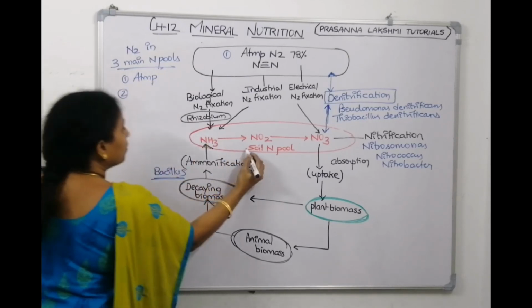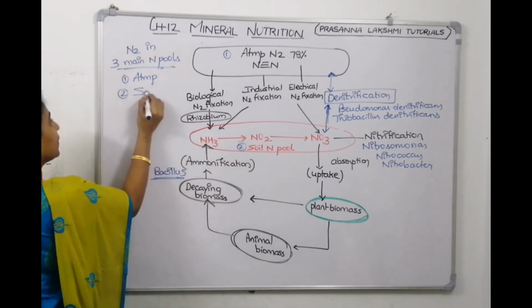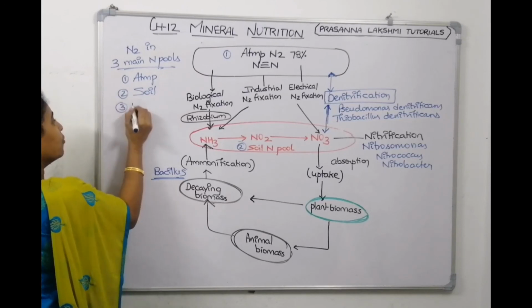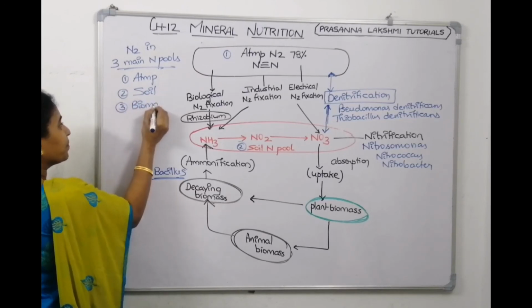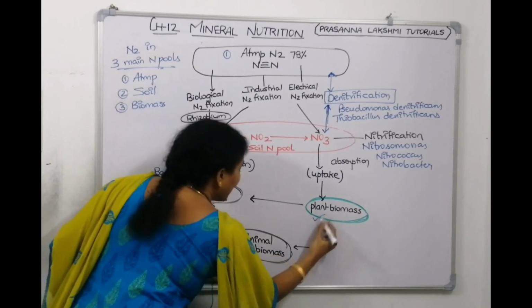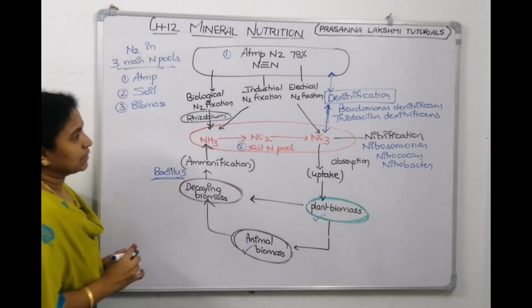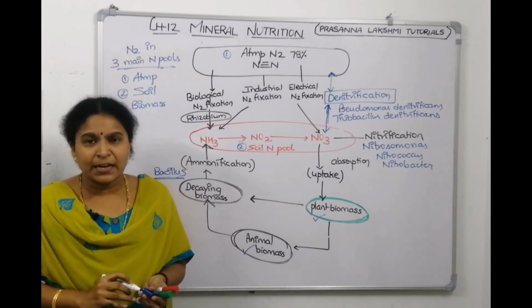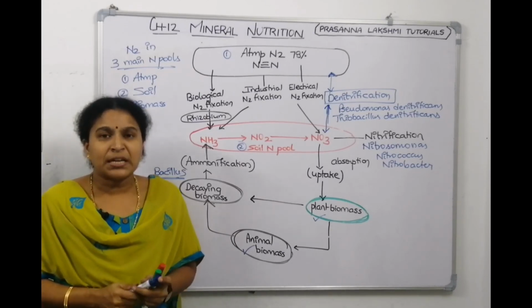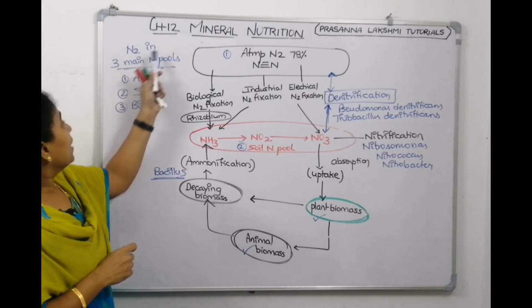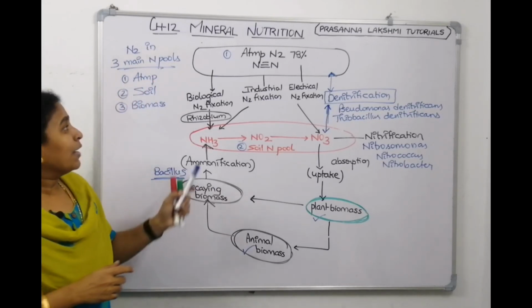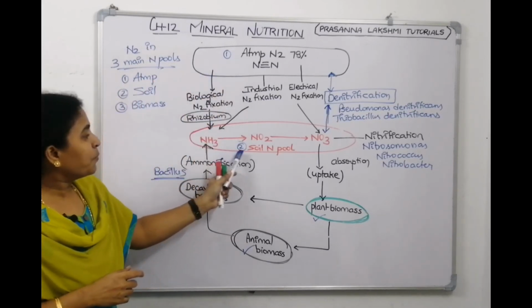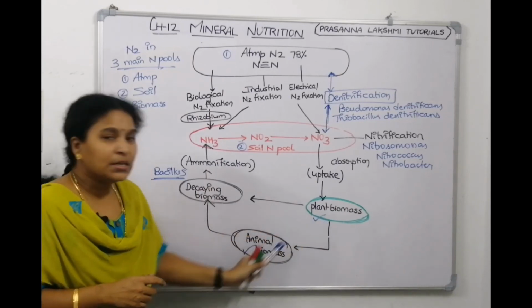The second pool is the soil. And the third pool is the biomass. It is plant biomass, it is animal biomass. So this cycle is the exact cycle which is there in NCERT, which represents the nitrogen in the three main pools.